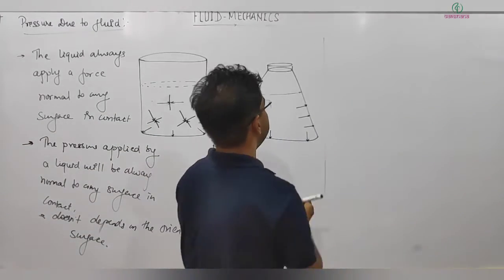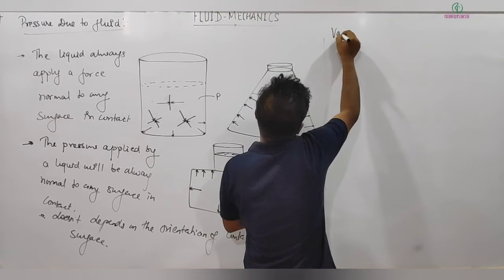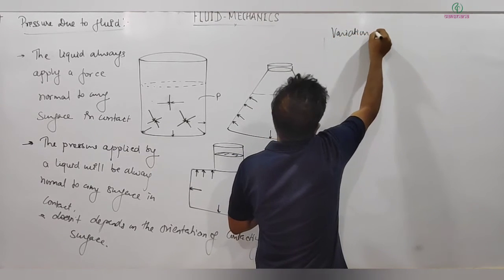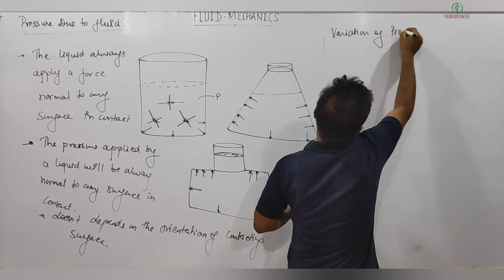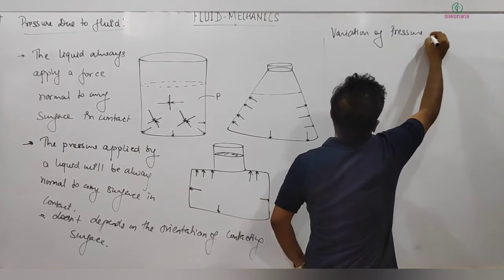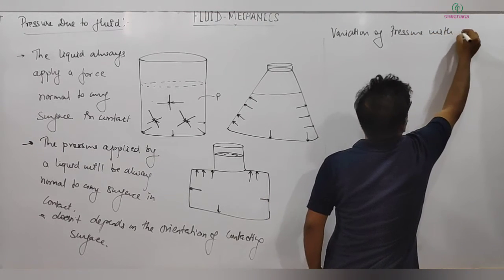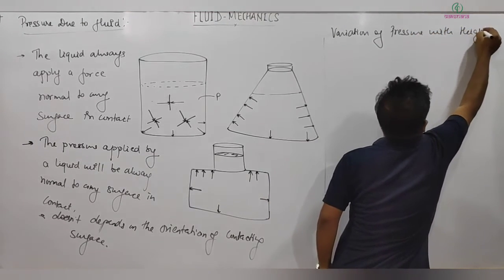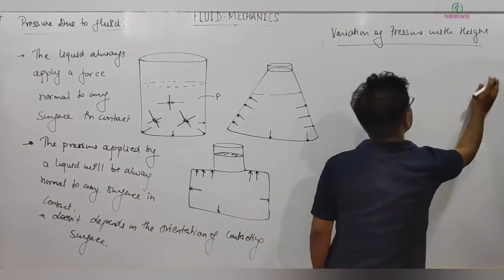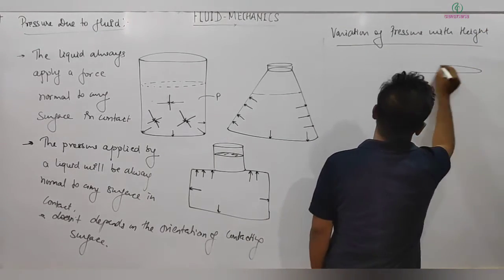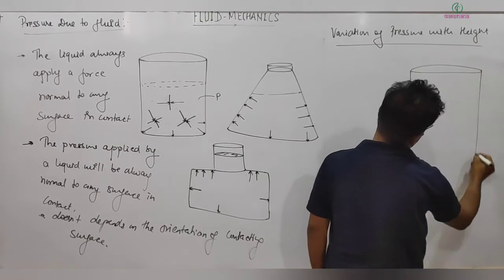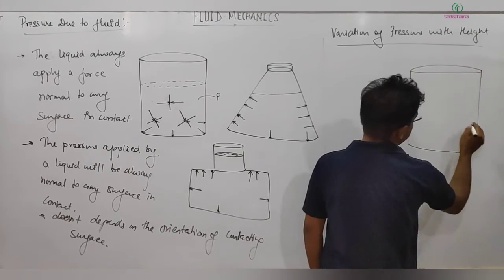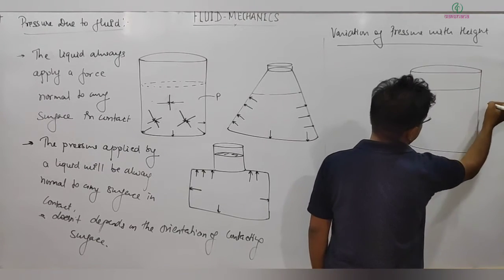So let's see the variation of pressure with height. For this case, I can consider again one container, let's say this, and some liquid is filled up to this height.